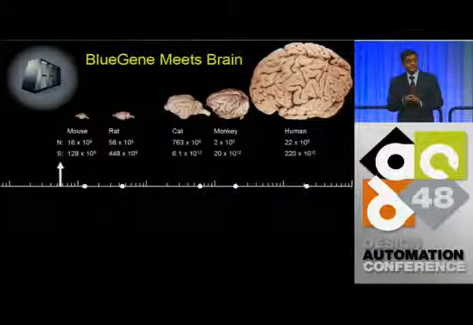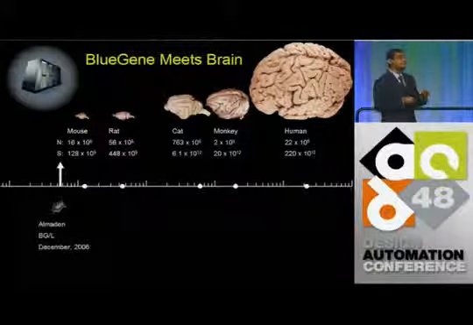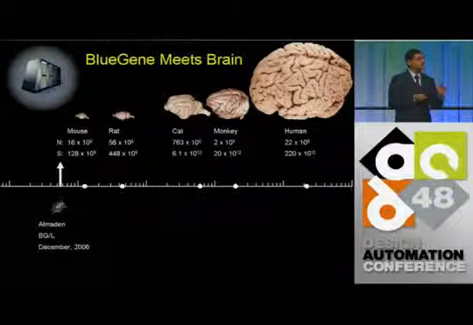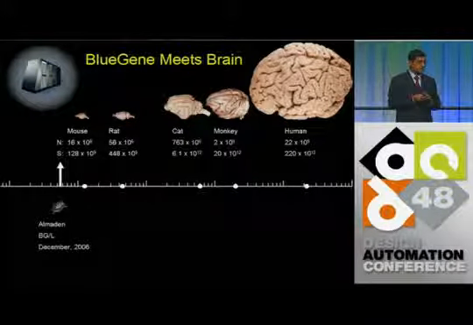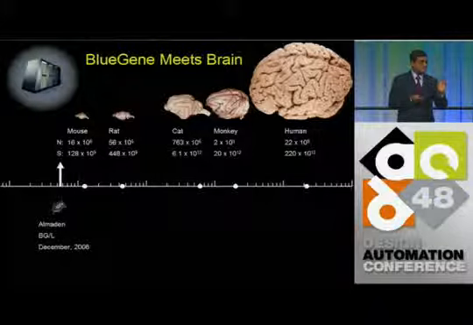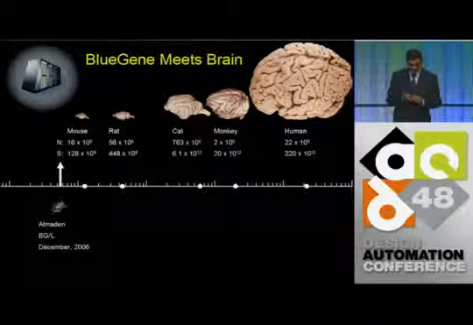And in December 2006, on a Blue Gene at IBM Research Almaden, we were able to run a simulation at the scale of 40% of the mouse scale. I must note, with very simple dynamical equations of neurons and synapses.